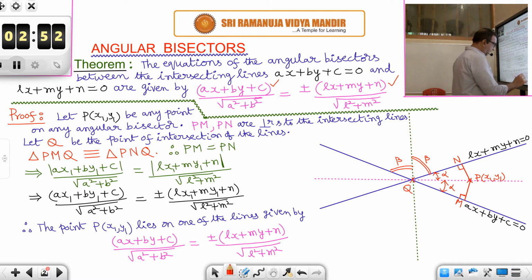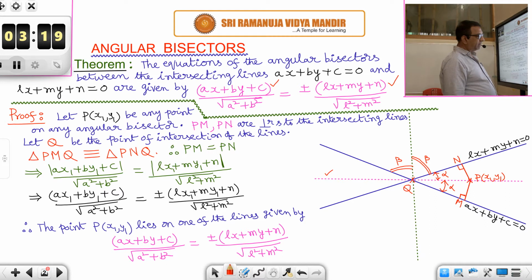This pink dotted line is the acute angle bisector. See, here this side alpha, alpha. That means 2 alpha is the acute angle between the two lines, and the 2 alpha is bisected by this pink dotted line, that is the acute angle bisector.